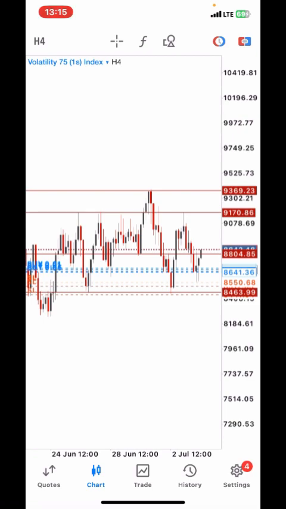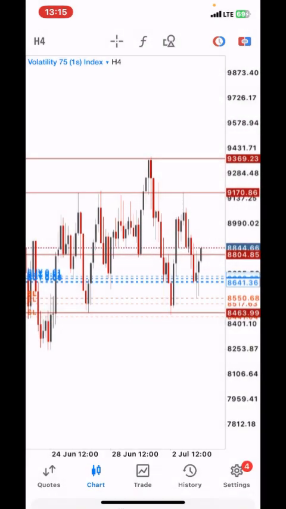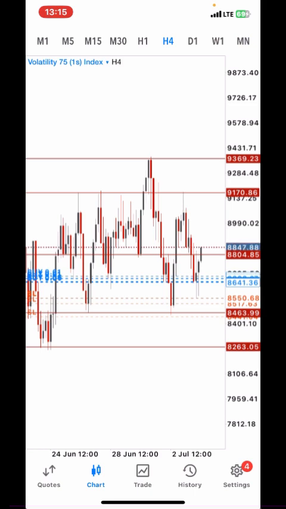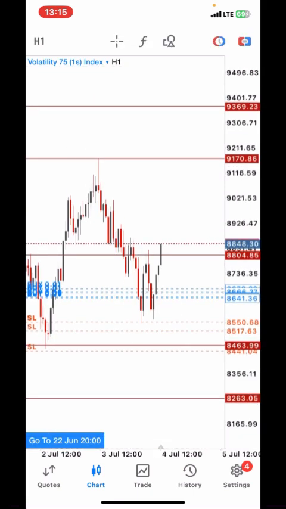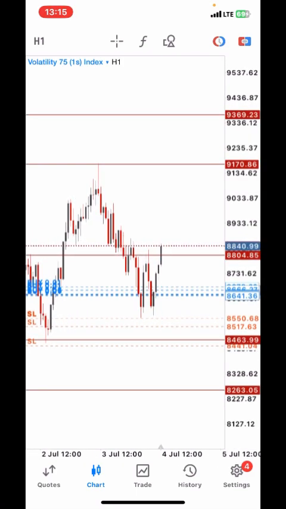All right, so after the 4-hour time frame, support and resistance, then the next thing you want to do is go straight to your 1-hour time frame, okay? So at your 1-hour time frame, you want to see where we have the nearest support or nearest resistance, okay?